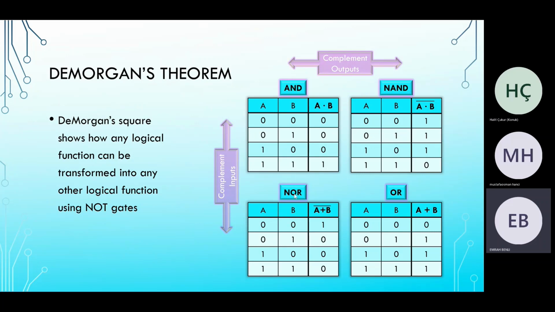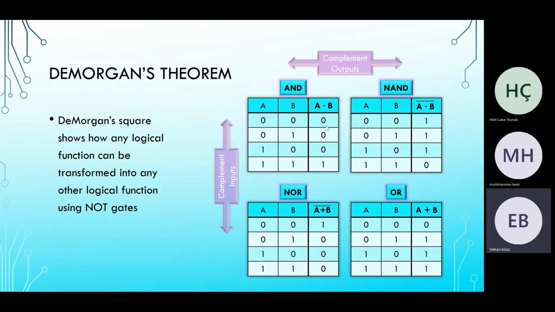So between NOR and OR, what do we have? Again, we have complement outputs: 1, 0, 0, 1, 0, 1, 0, 1. If we think about that vertical transformation, we have complement inputs this time. How can we understand that?